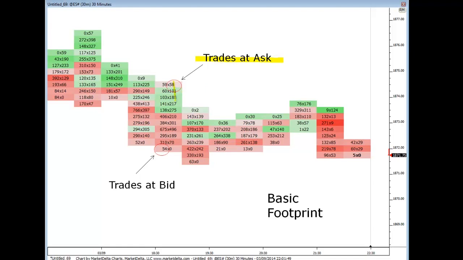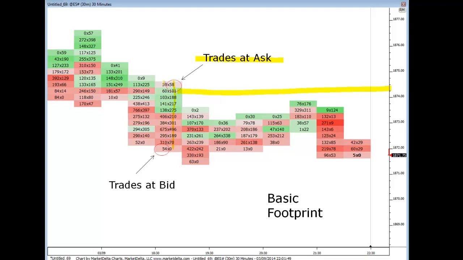So all of the numbers here on the right side are the cumulative trades that were completed at the ask at these price levels. And if you trace back here, it would tell you the exact price level at this particular candle.